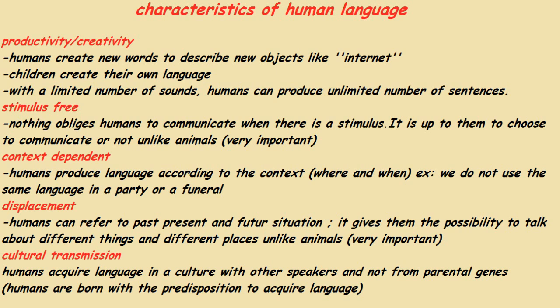Another characteristic is called cultural transmission. You remember when we talked about animal communication, we said that it is instinctive, which means they were born knowing how to communicate. Humans are not like that. Humans acquire language in a culture with other speakers, and they do not get the language from parental genes. Humans are born with a predisposition to acquire language. However, humans are not born with the ability to speak a specific language.